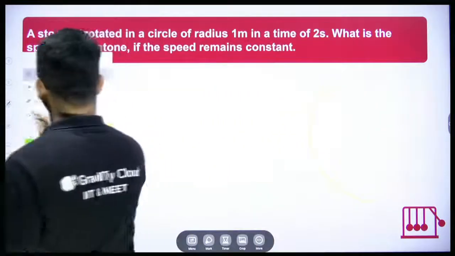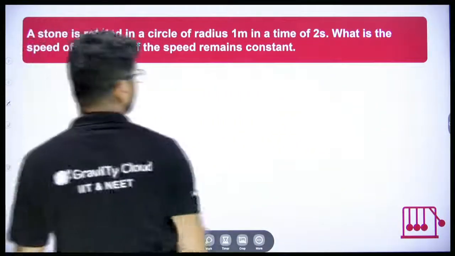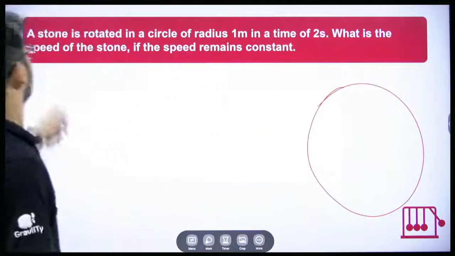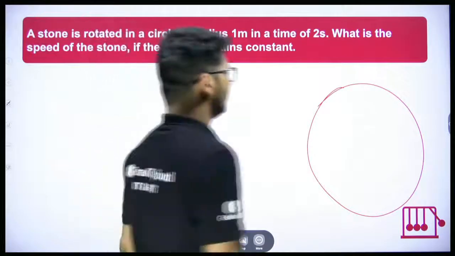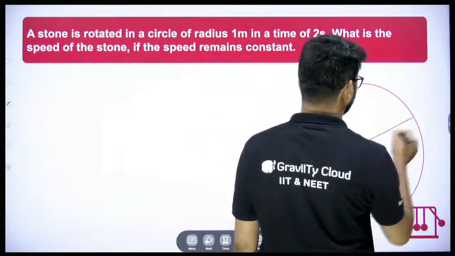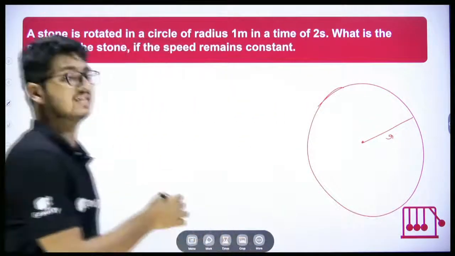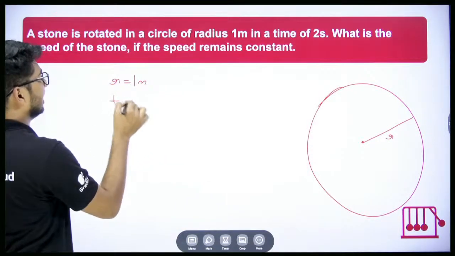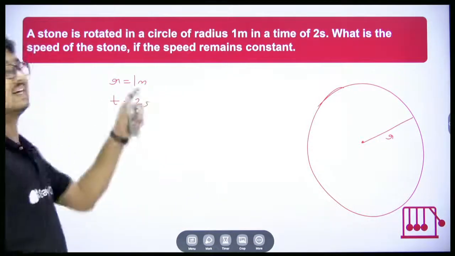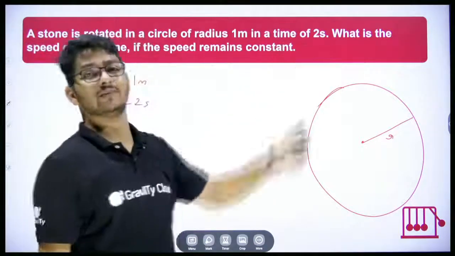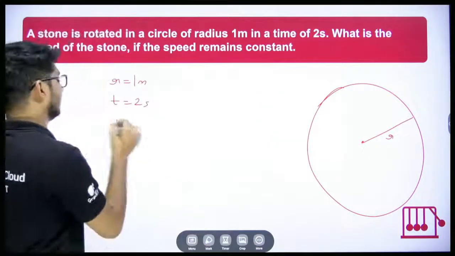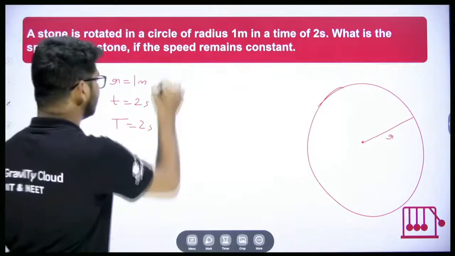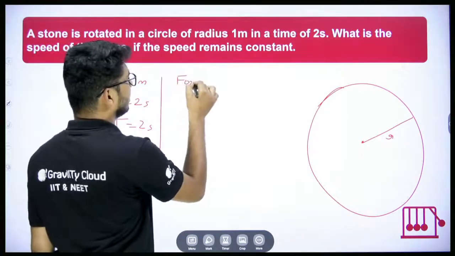If I draw a circle, a stone is rotated in a circle of radius 1 meter. So the radius is given as what? Radius is given as 1 meter. In how much time? In a time of 2 seconds. In a circle. So for one circle, the time taken is 2 seconds, or I can say the time period is 2 seconds. So for one circle, what is distance equal to?